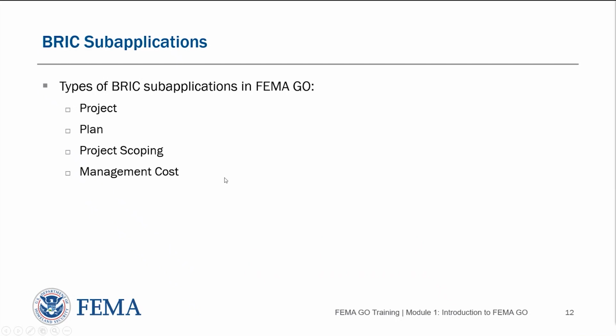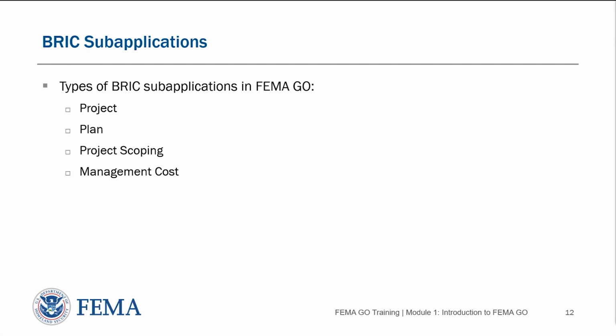So there's two different types of management costs. There's the grant applicant management costs, which in the 2020 notice of funding opportunity was 10%, and that 10% is covered under a separate sub-application.